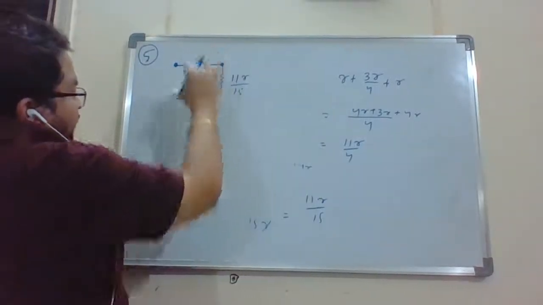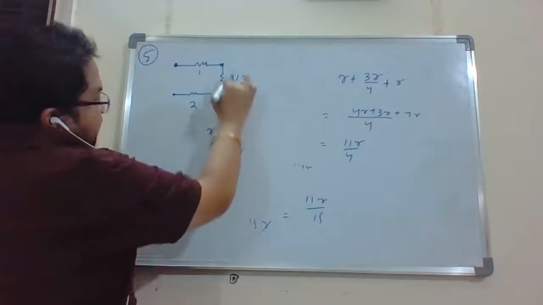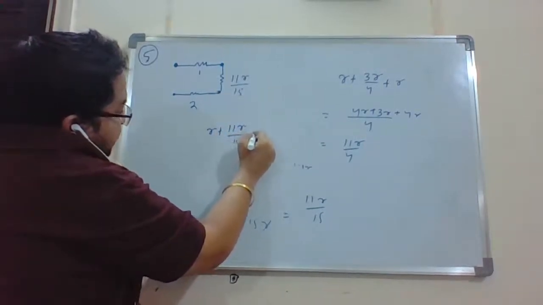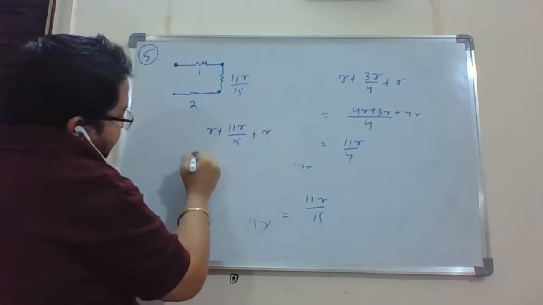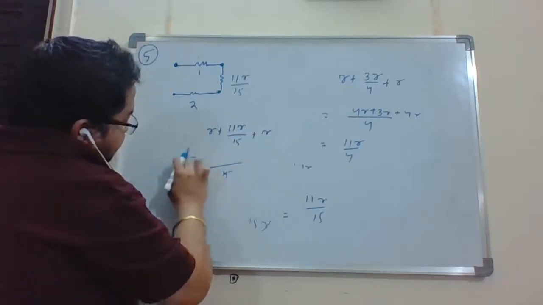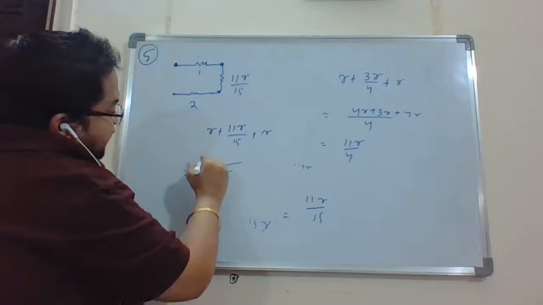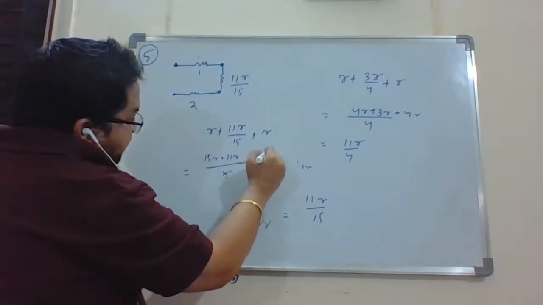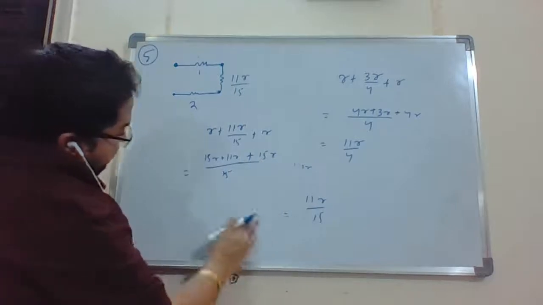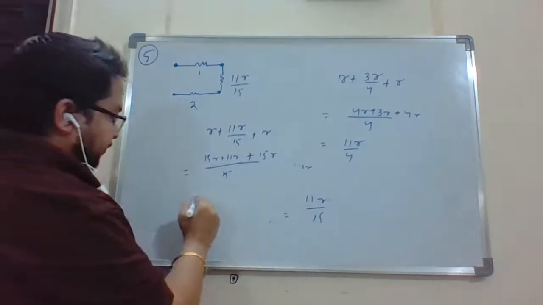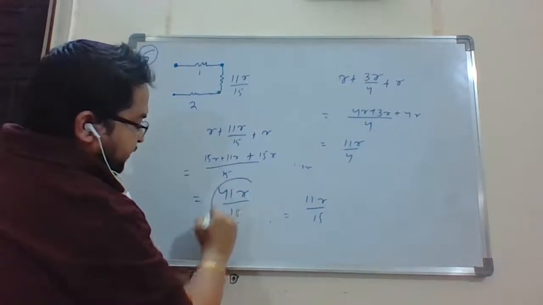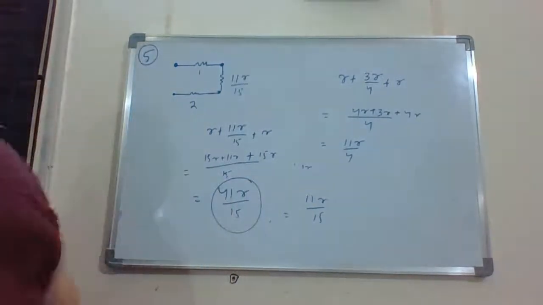So the resistance of resistor one is R. This entire piece is 11R by 15, and this one is again R. So LCM is 15, right? So 15R plus 11R plus 15R, so that is nothing but 41R by 15 ohms.